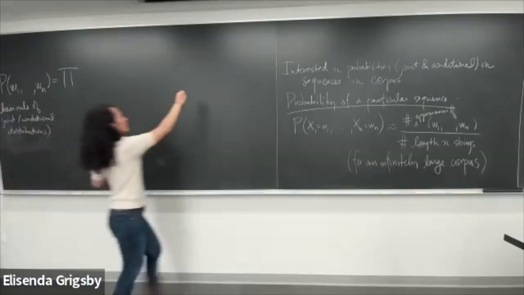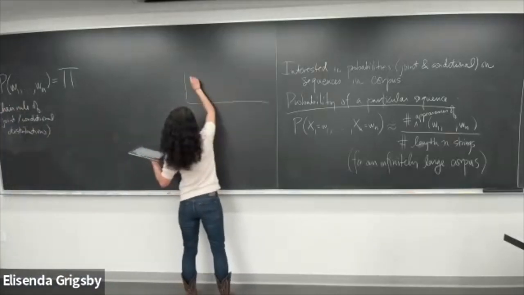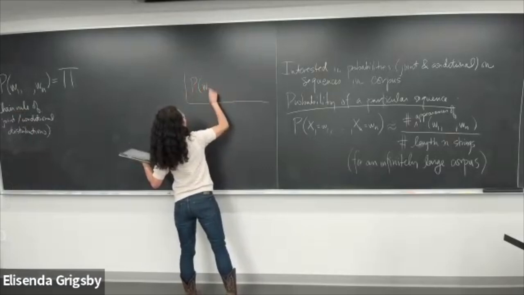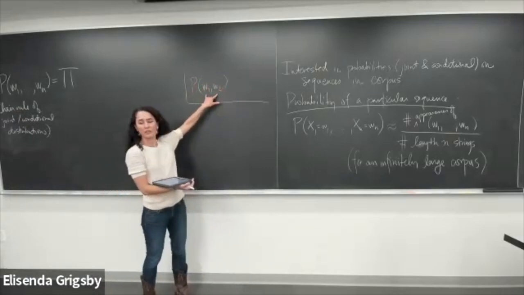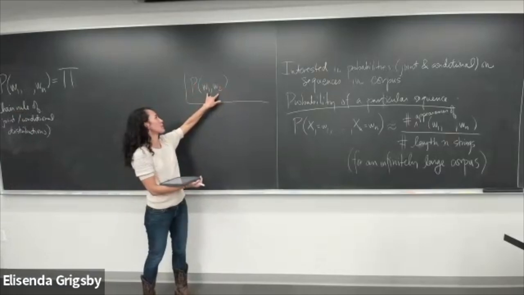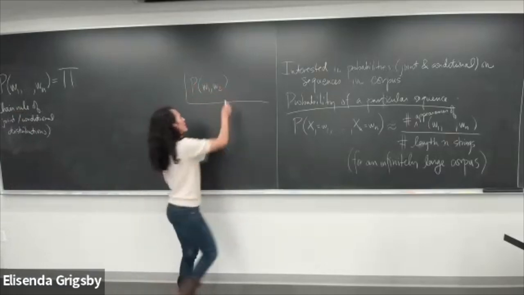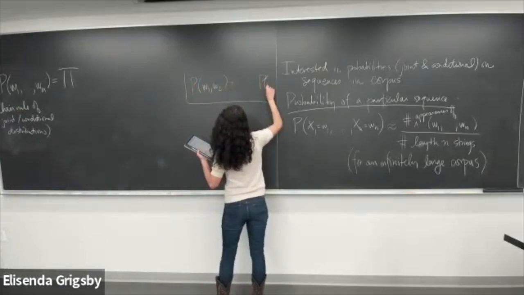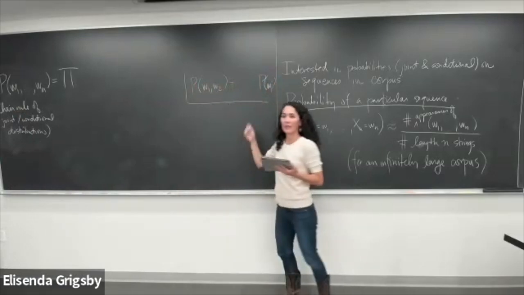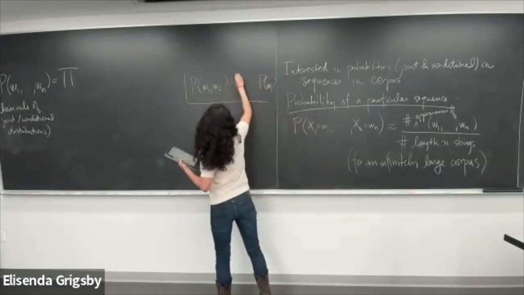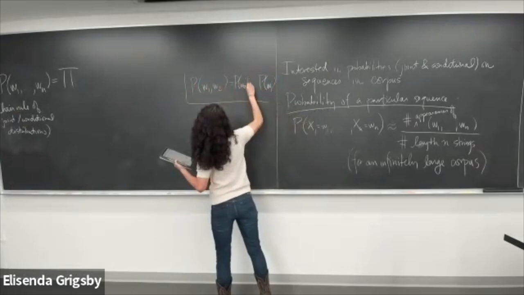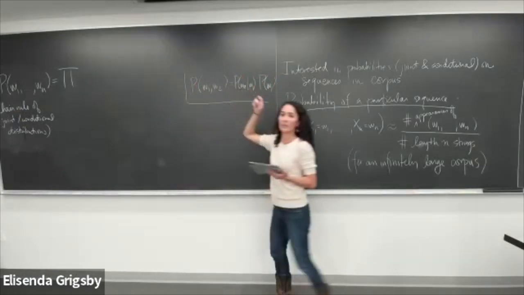So for example, if you wanted to compute the probability of this length 2 string, this is just the probability that the first element of the string is W1 times the conditional probability of W2 conditional on W1.